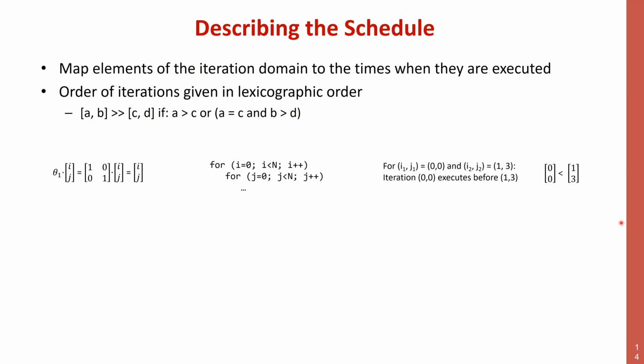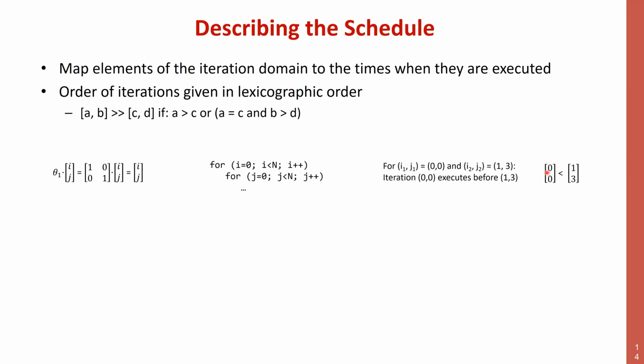Lexicographic order means that a vector is before another if the first element is smaller, or if the first element is equal and the second element is smaller, or the first two elements are equal and the third element is smaller, and so forth, right?